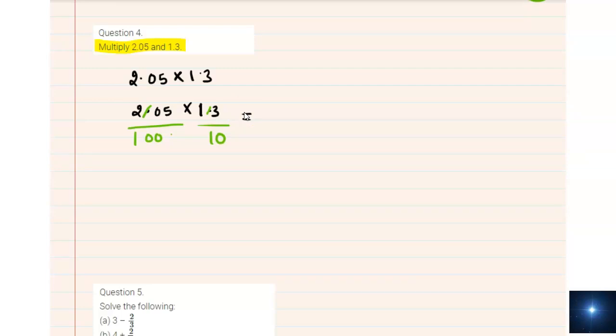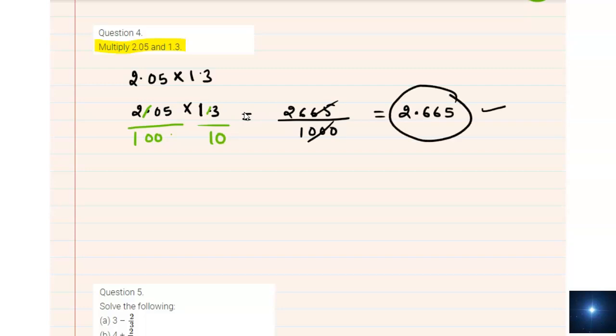So the multiplication of 205 into 13 will become 2665, and 100 into 10 will become 1000, and by cancelling this, our answer will also come in decimal. This is our answer.